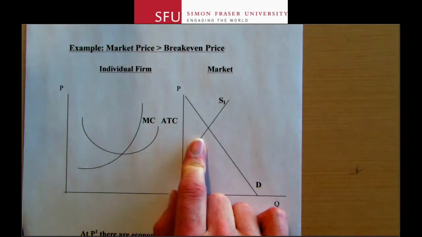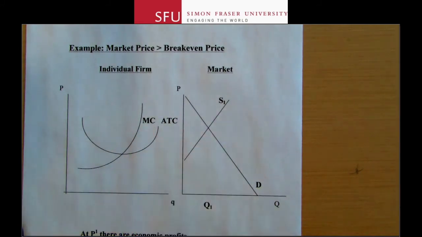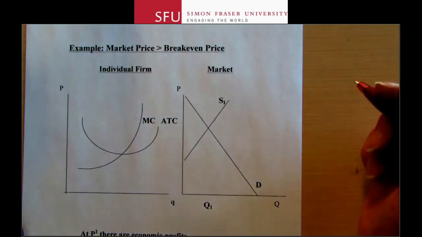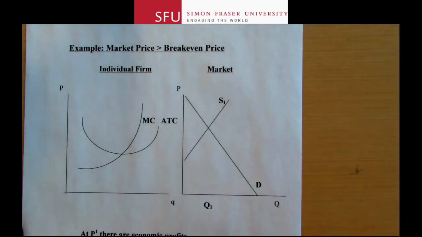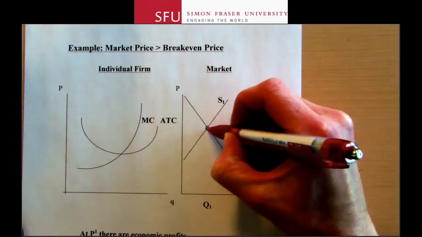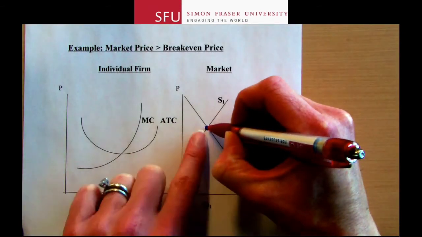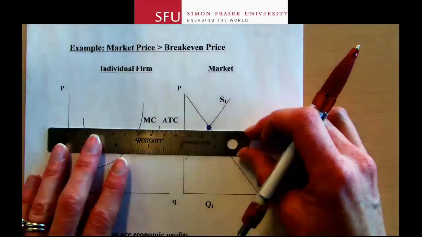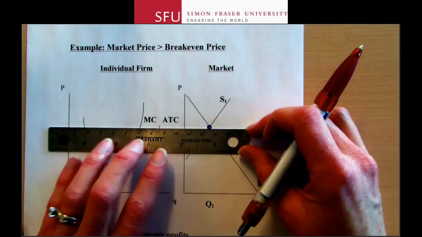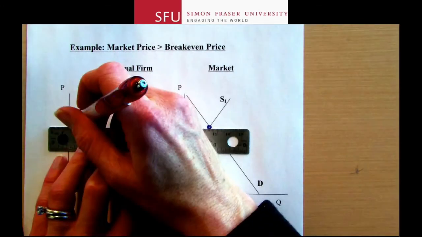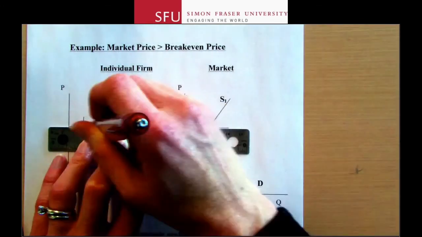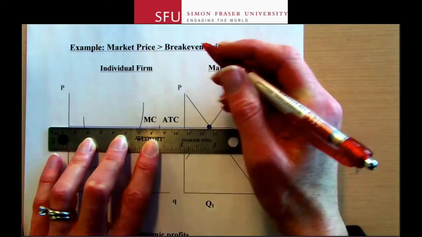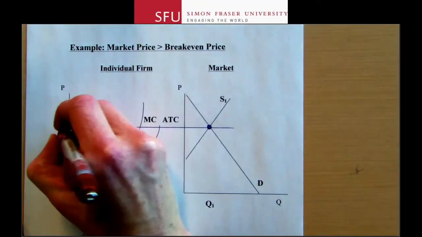Now, this is where the price is determined. So just like in Chapter 3, the equilibrium between supply and demand in the market will determine the price. So here's our price right here. And what we want to do now is draw a line all the way across both diagrams. And then we can label that P1.